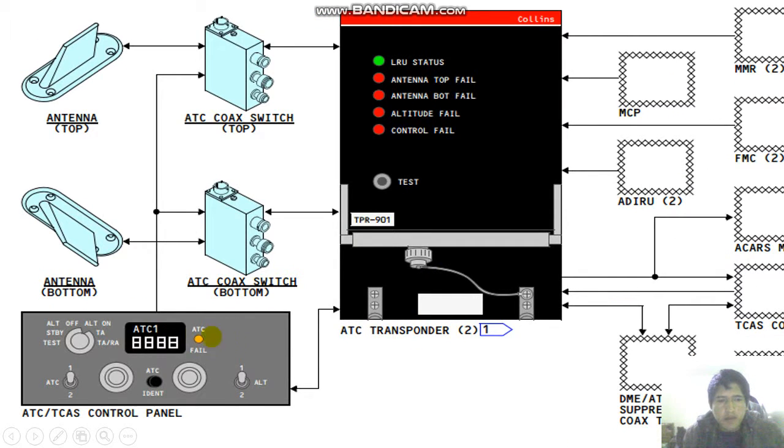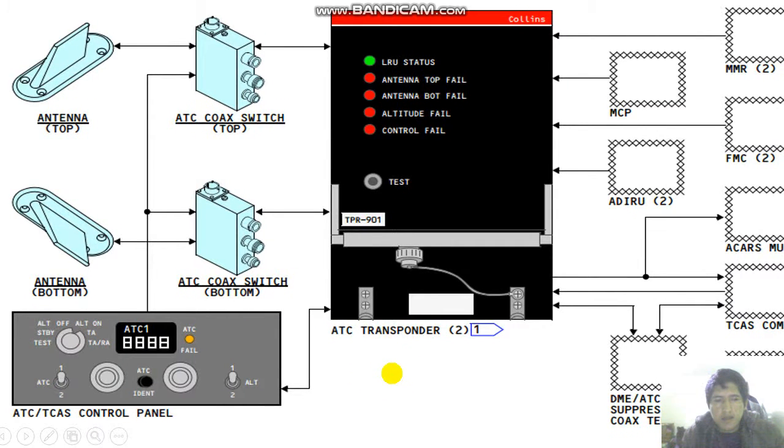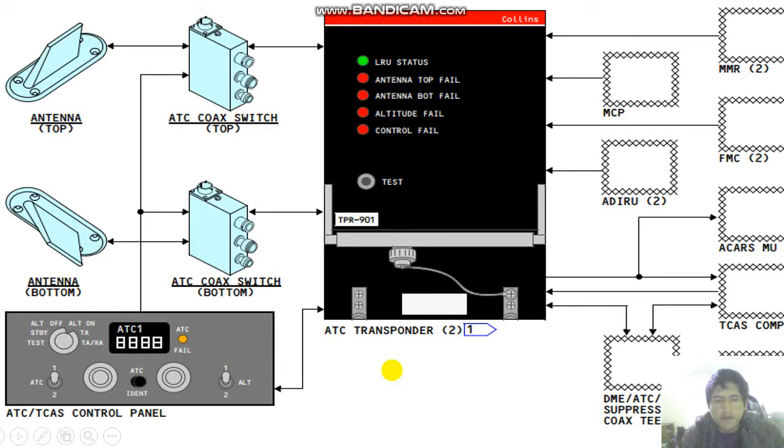In this system, it's very important to know the three modes: mode A, mode C, and mode S. Mode A is the identification.